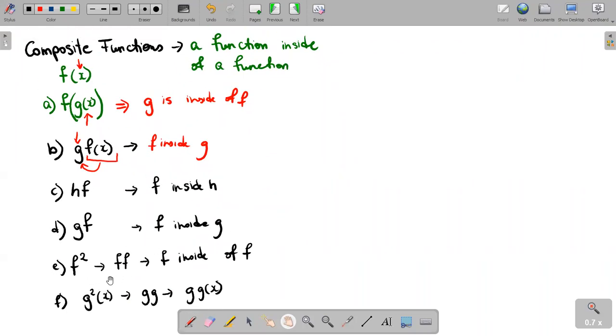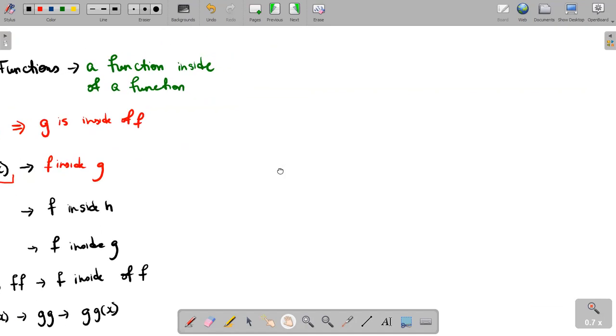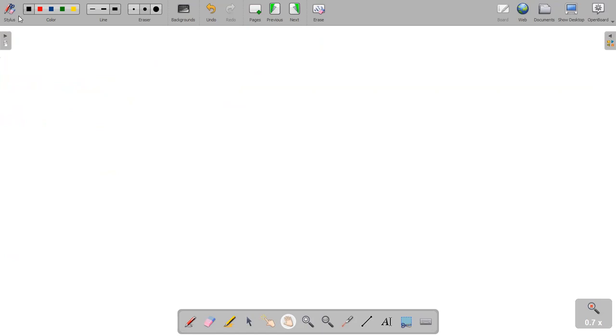This is what we call function notation. So we're going to jump into our first example. We're going to start easy, obviously, and then go into harder questions. This would be example 1. I'm going to give you some functions.